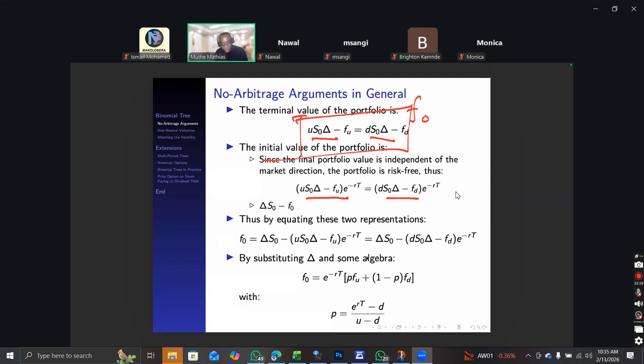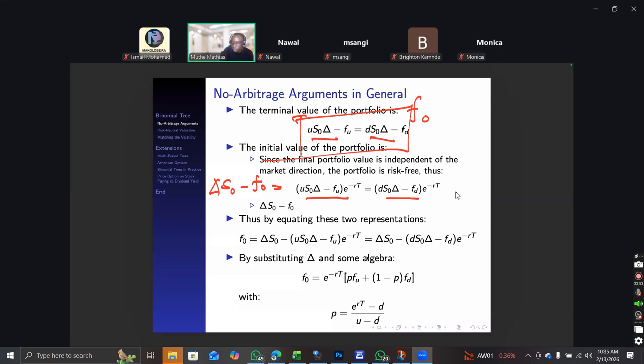I hope that makes sense. Now if you discount to today's values, what is this? This will be the same as the value of the portfolio today, which is delta S naught minus F naught, right? Because we are discounting the value of the portfolio from the future to today, that will simply be equal to the value of the portfolio today.